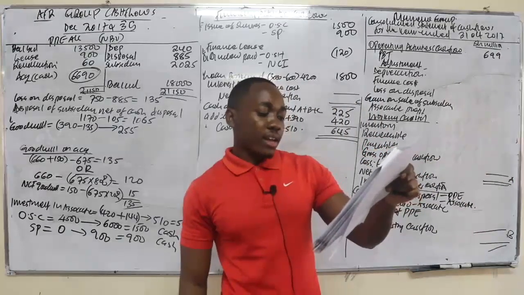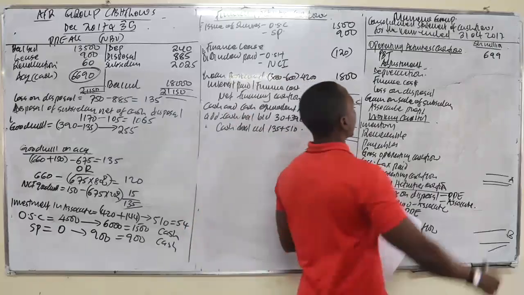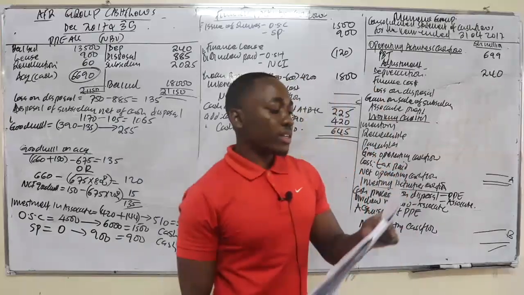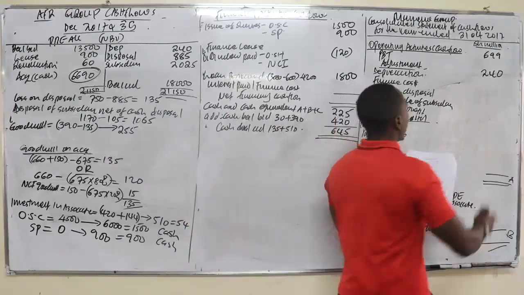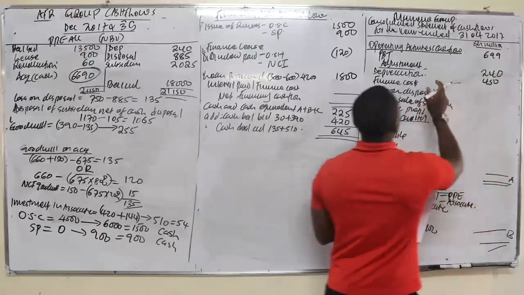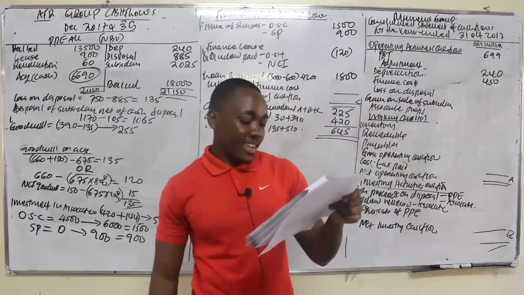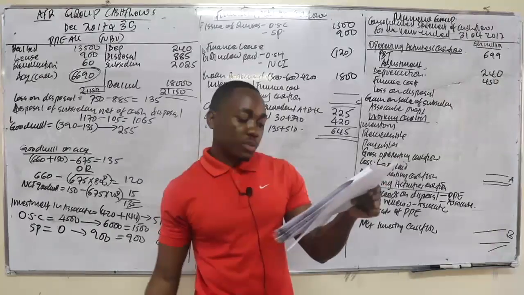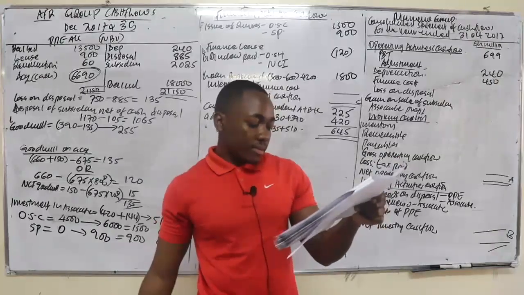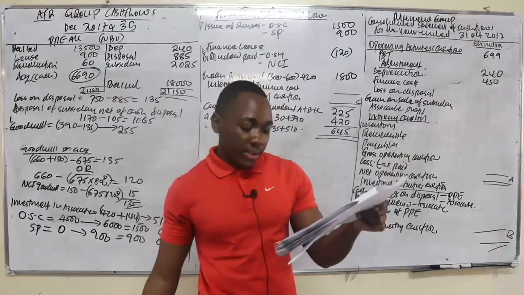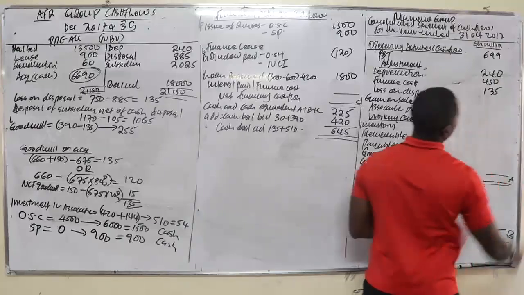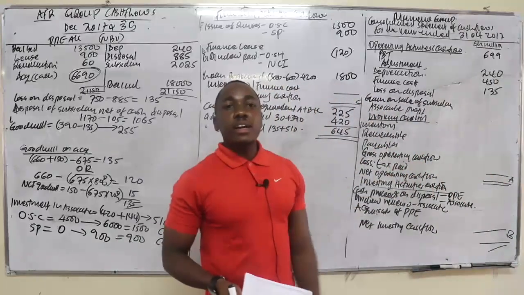During the year, depreciation was how much? 240. Finance cost. Go to the income statement. How much was it? 450. Loss on disposal. Note number 2. An item of plant with the carrying amount of 885 was disposed during the year at how much? 750, right? So there was a loss of how much? 135.